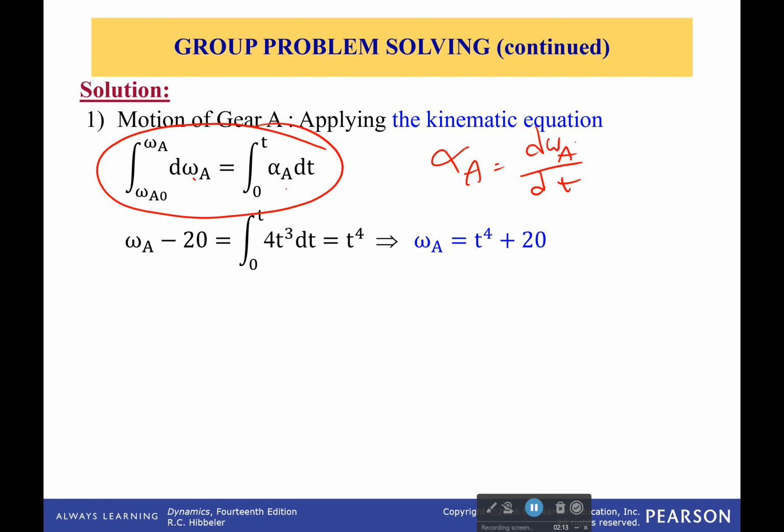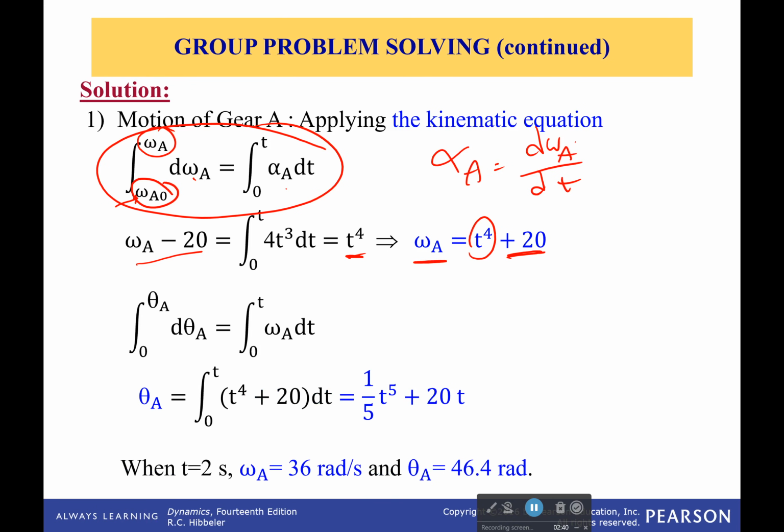So I take this integral from my initial angular velocity to my final angular velocity. Remember, it doesn't start at 0, it starts at 20. I do the same over here, and what I get then is that my angular velocity minus 20 is going to be equal to t to the fourth. Or my angular velocity is equal simply to my time to the fourth power plus 20.